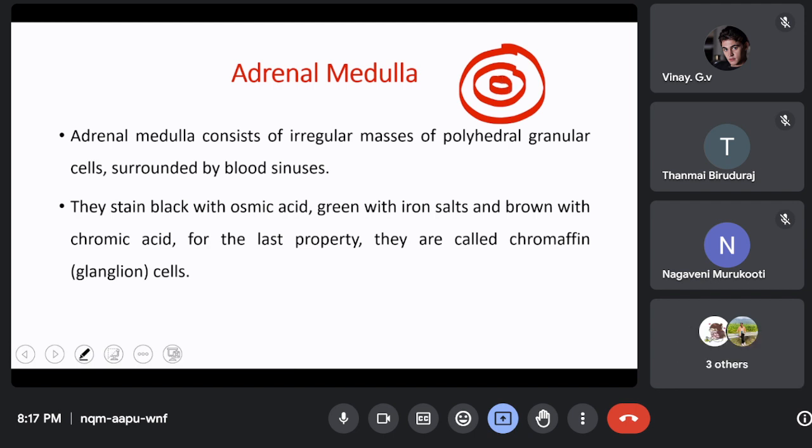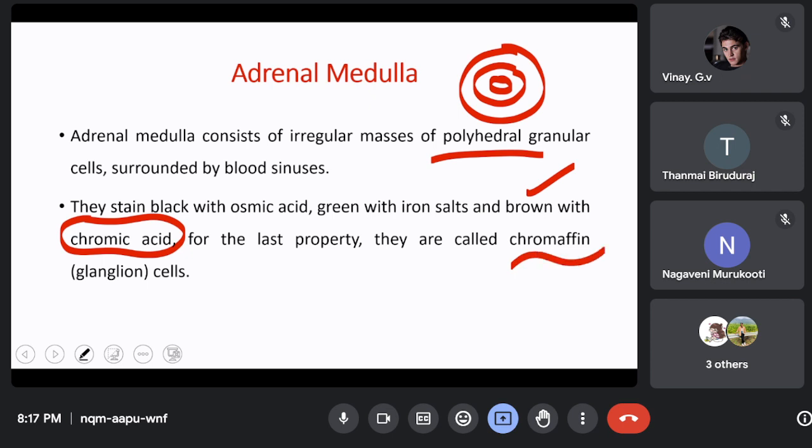This medulla comprises certain cells which are polyhedral, and they are stained with chromic acid and give a brown color. As they are stained with chromic acid, these cells of the adrenal medulla are called chromaffin cells.